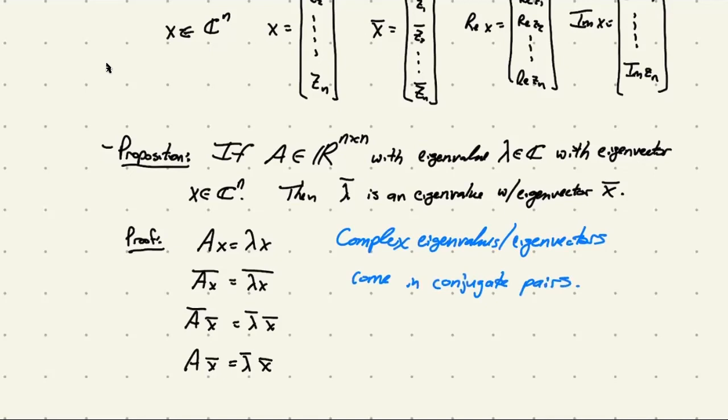But this fact also kind of follows from the fundamental theorem of algebra, right? We think of lambda as the root of a characteristic polynomial. Our understanding of roots of polynomials says that roots come in conjugate pairs if I have real valued coefficients, right? So this shouldn't be that surprising to us.